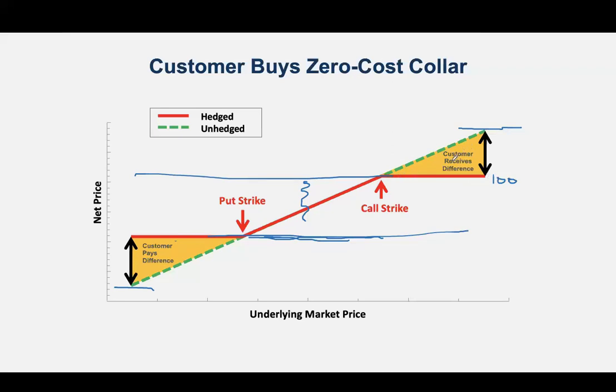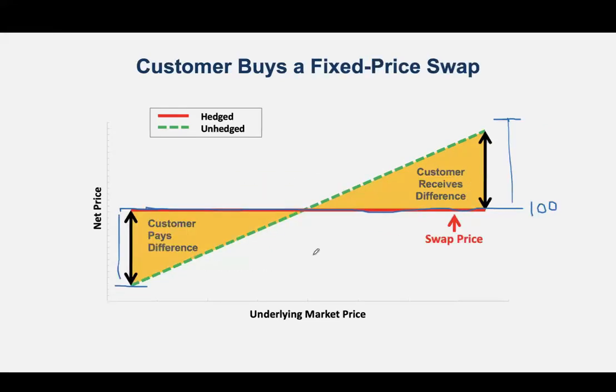Now, the customer receives a difference of about $10 by paying $10 less than the market price. And again, the benefit of these hedging tools is that in any market condition, prices fluctuate for a number of reasons. You want to hedge yourself against these fluctuations.